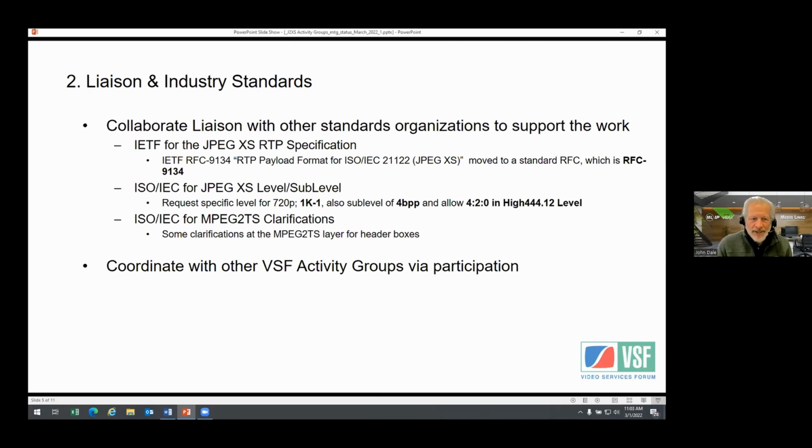So a little bit more about the liaison and industry standards. Since the initial publication of TR07 and 08, the TR08 reference to the IETF RFC payload format, which was in draft, is now RFC 9134. So that has been published as an official IETF document.